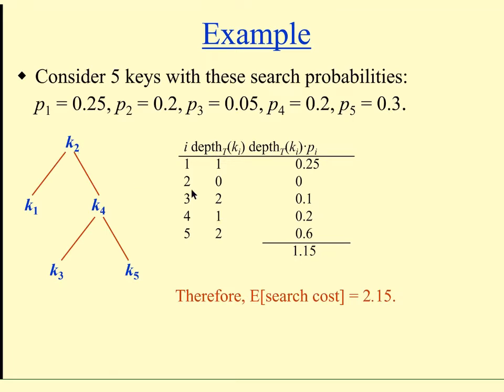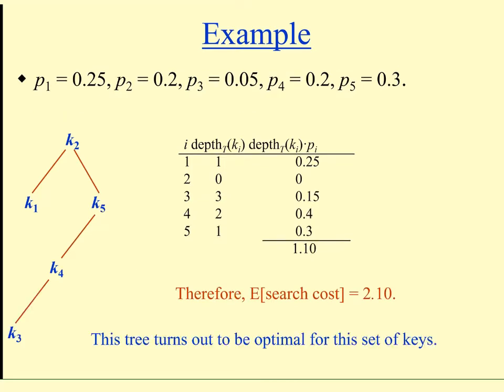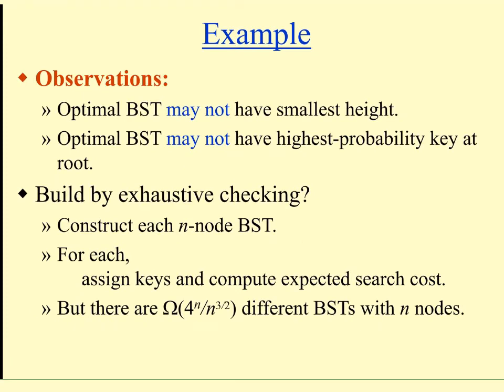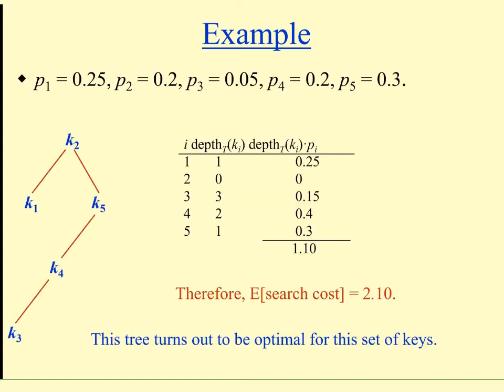So it seems not the same as we expect. What's the reason? The reason is that we want to get the expected average to be the smallest, not only just put the highest one on the top, on the root.